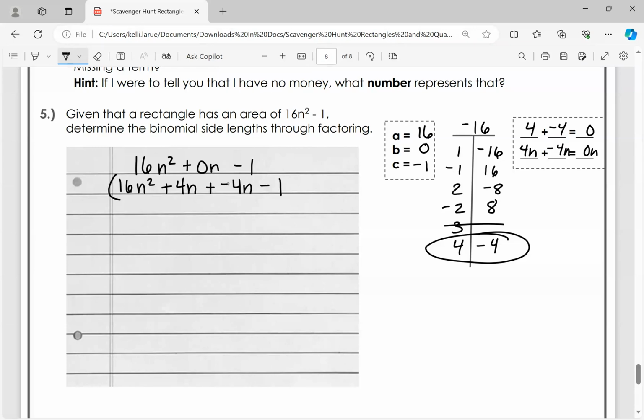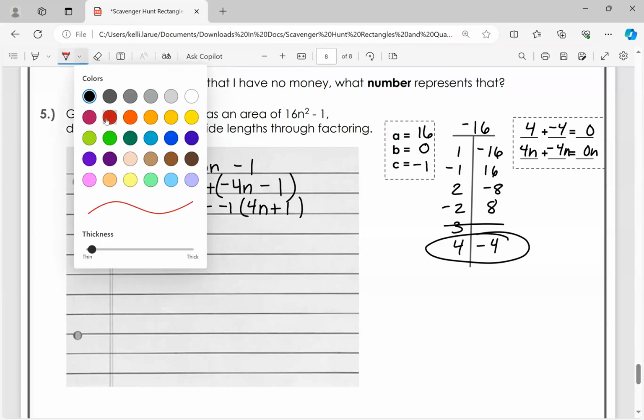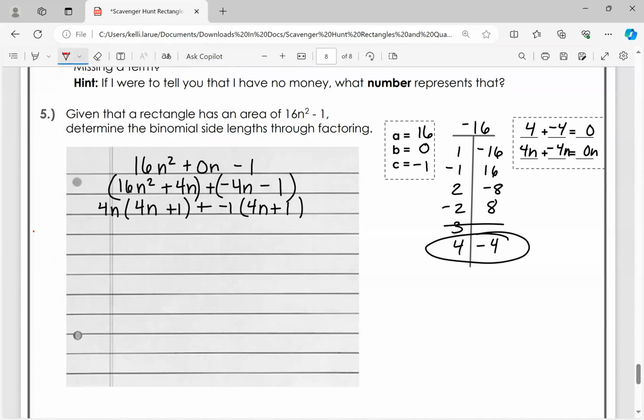We're going to group our first two terms and our last two terms to pull out the GCF from each group. The greatest common factor in the first group is 4n. The greatest common factor in the second group is just negative 1. When I factor out that negative 1, it's going to flip the signs inside of my group. And I'm doing that because the first term in this group was a positive, and so I'm going to force the other one to be positive.